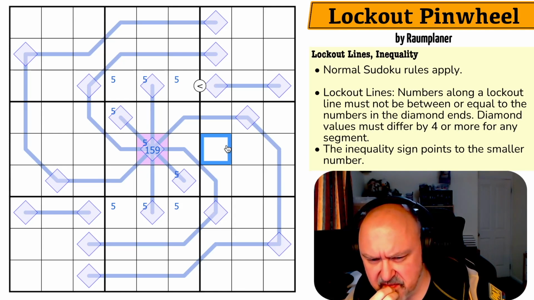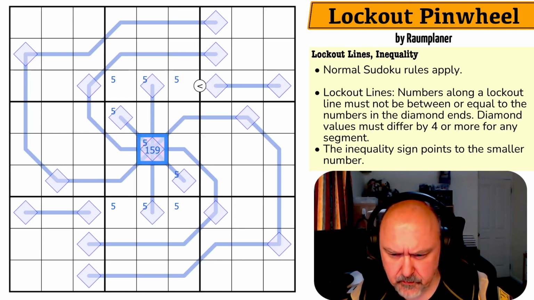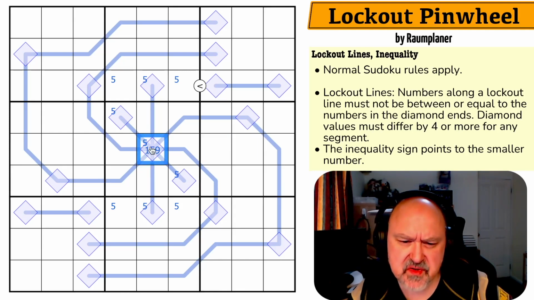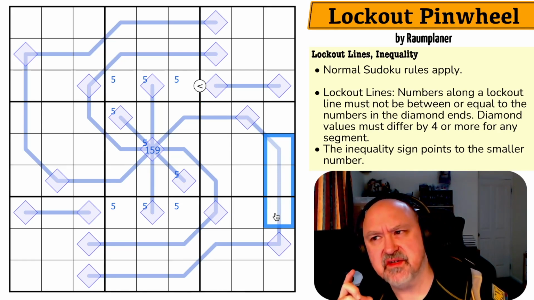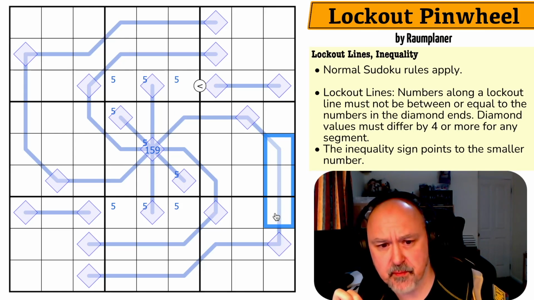I am quite confused by this. Because once you've got a 1 or a 9, you've got a lot of freedom. Well, hang on a minute. 3 digits on a lockout line is always a bit of a problem. 4 digits is more of a problem.